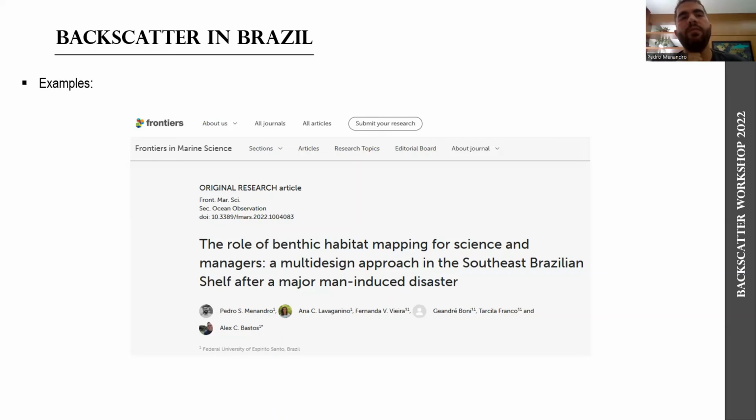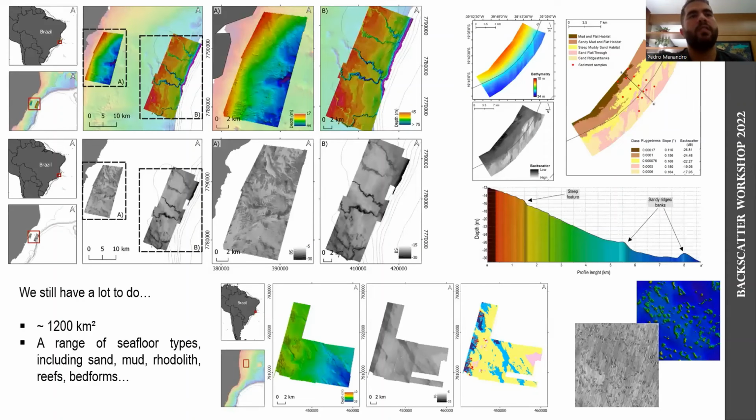So we're mapping a huge area with bathymetry and backscatter. Here's some of the data set collected. Today it's around 1,200 square kilometers. All this data set is multispectral in our regions with backscatter. So it's a huge amount of data, not yet fully analyzed.